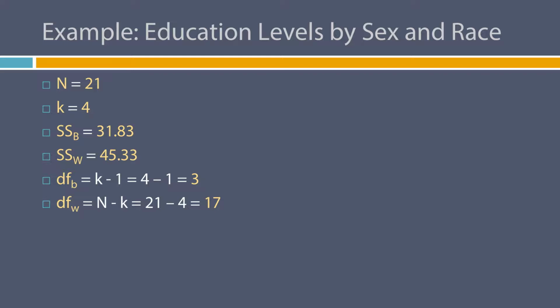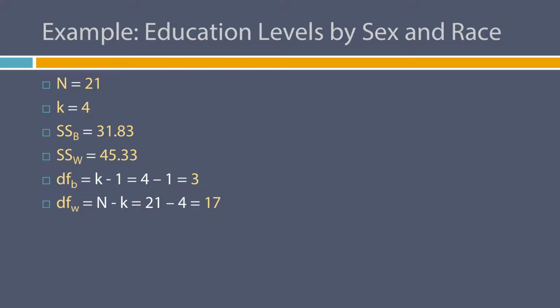But remember, this measure is outlandish because we're squaring all of these numbers. Then we calculate degrees of freedom between, which is 3. So 4 is the number of groups, minus 1 is 3. And then n is 21 minus 4, the number of groups, is 17.